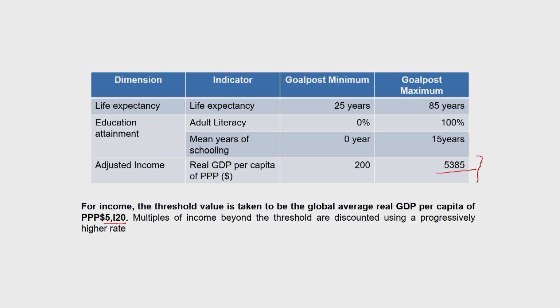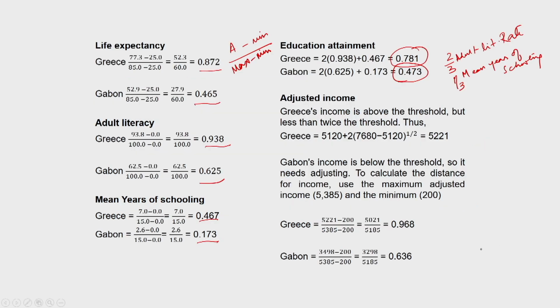The real income that was actually provided from the list of the countries was USD 40,000 in terms of purchasing power parity, but when this amount is discounted using a progressively higher rate, it comes out to be 5,385. So, Greece's income is above the threshold, but it is less than twice the threshold.